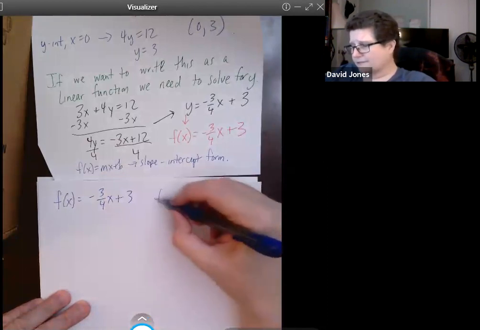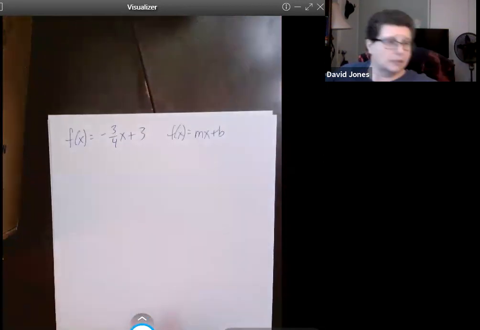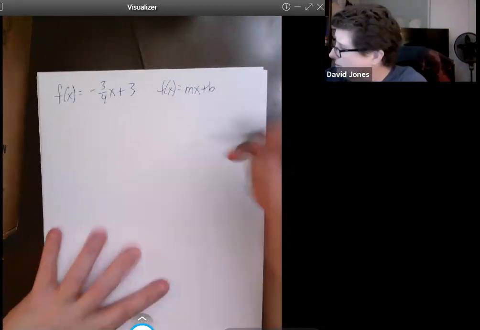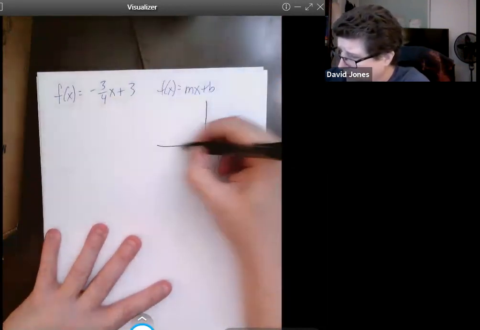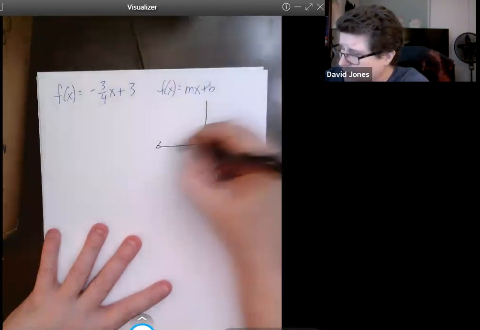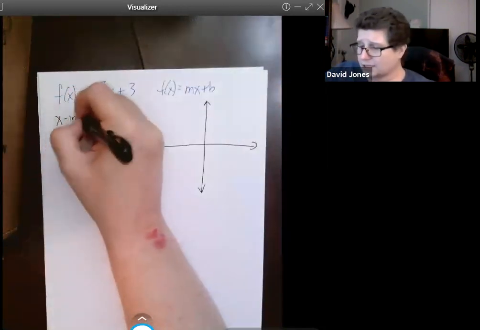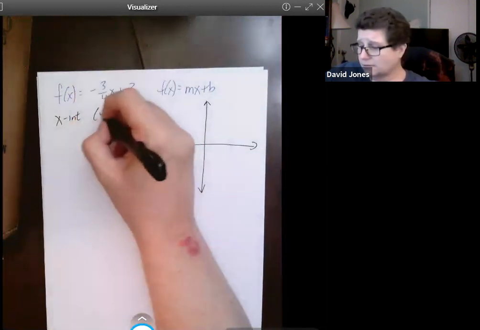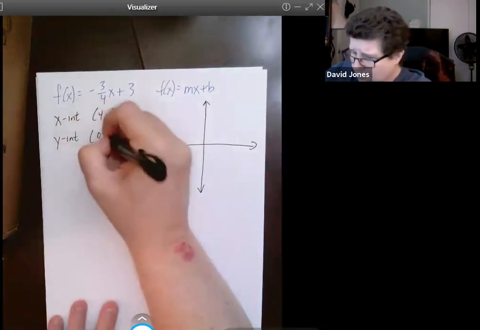Remember, we're looking at f of x equals mx plus b. And we found the intercepts earlier, didn't we? The x-intercept was (4, 0). The y-intercept is (0, 3).